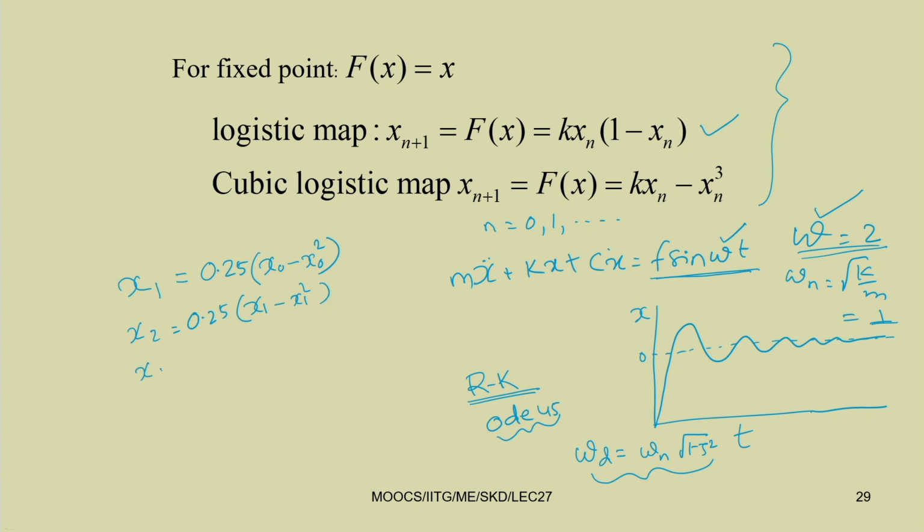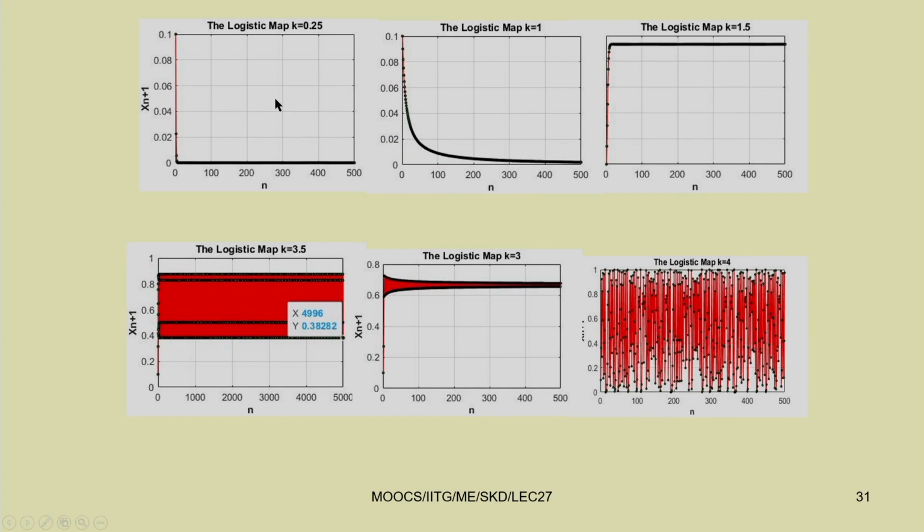Similarly, x3 will be equal to 0.25 into x2 minus x2 square. This way you can expand, and if you plot with n as 0, 1, 2, 3, 4 like that on this axis, and x n plus 1 on the y axis, the curve we get is the logistic map. You just see for k equal to 0.25.